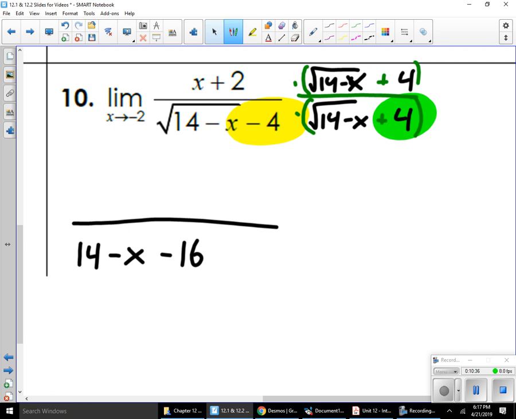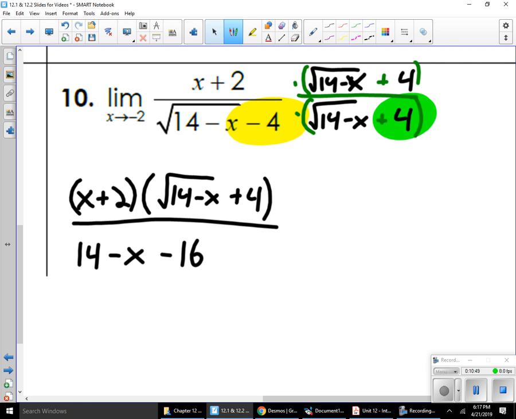Like the previous 3, I don't want to FOIL that numerator until I see if anything nice happens. Well, let's see what we see. All right. So in the denominator, I do have a 14 minus 16. 14 minus 16 is a negative 2.